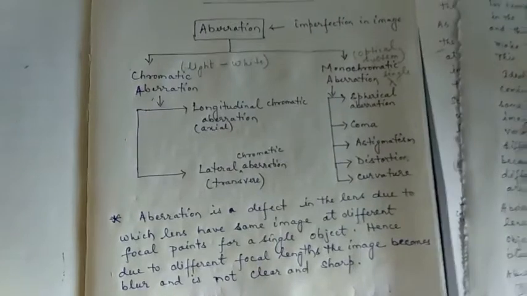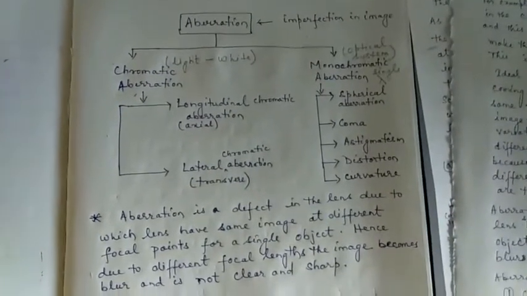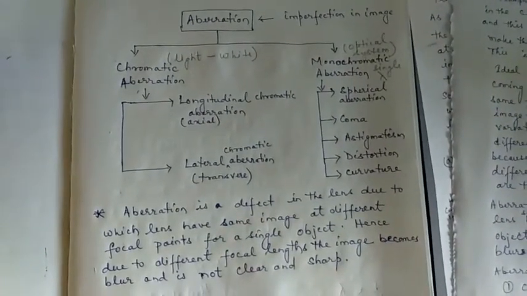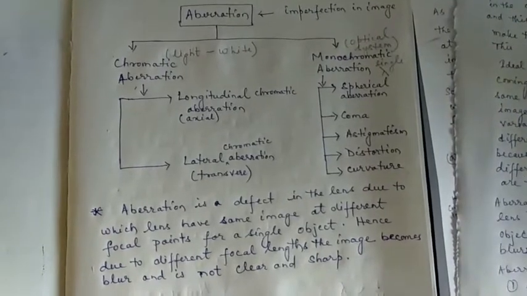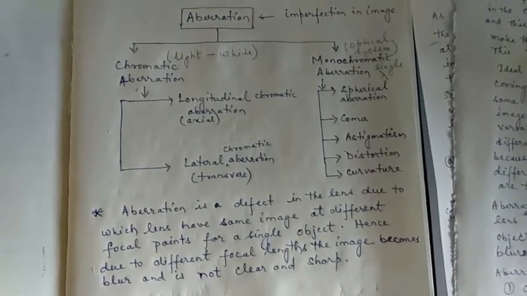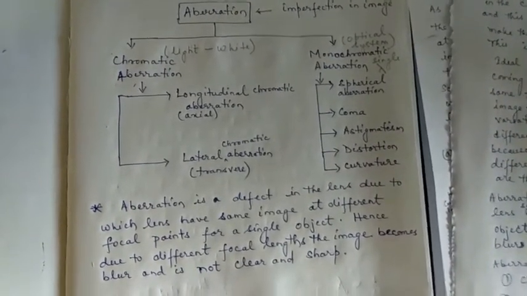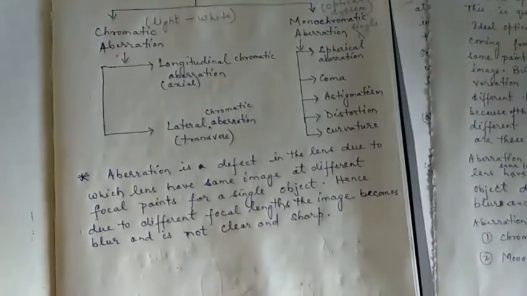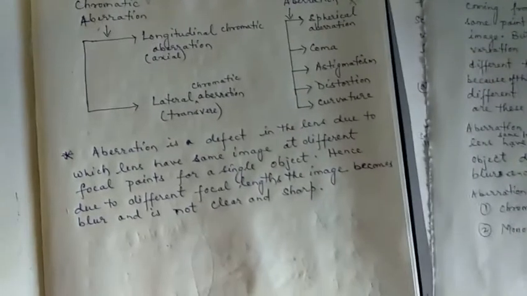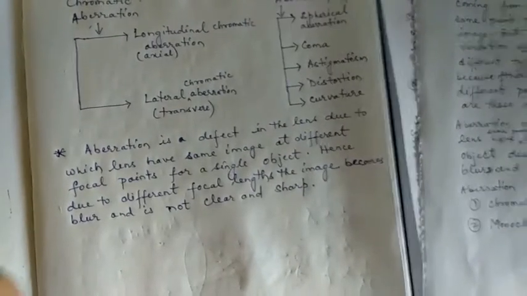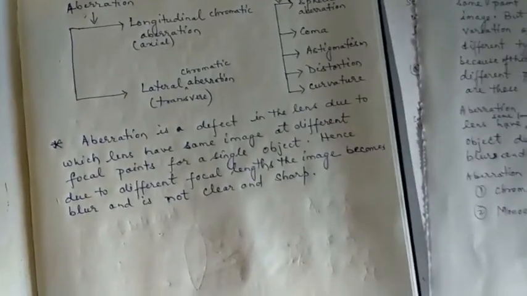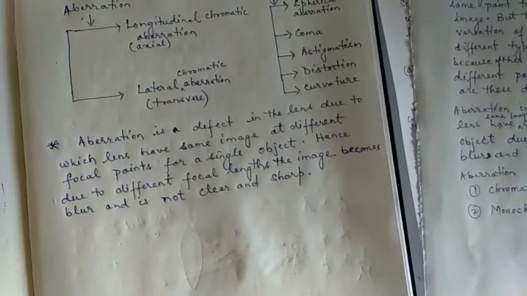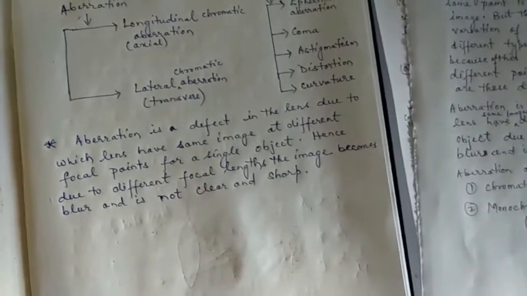Now we know that in an optical system there are some problems or defects which are called aberrations. For example, if I am considering cameras, when you are clicking images or photos with your camera, there is a variation in the photo quality. In some pictures you see a very clear image, in some the same image is very blurred.